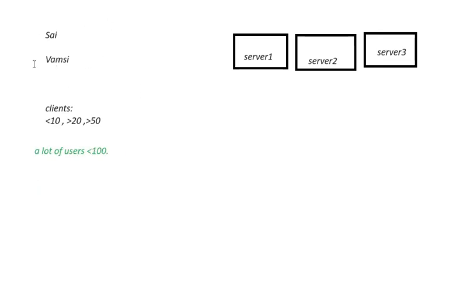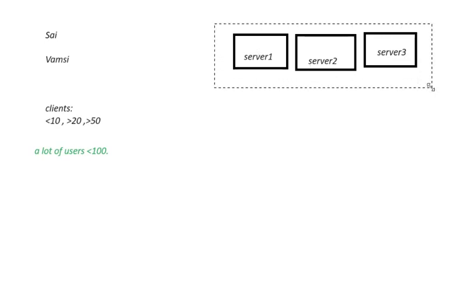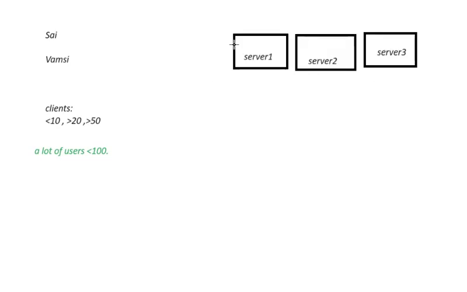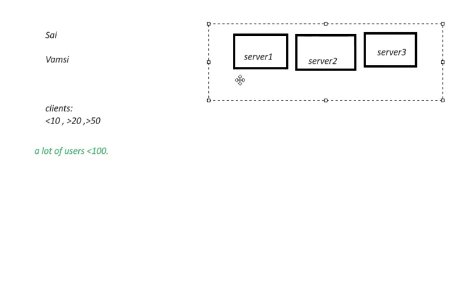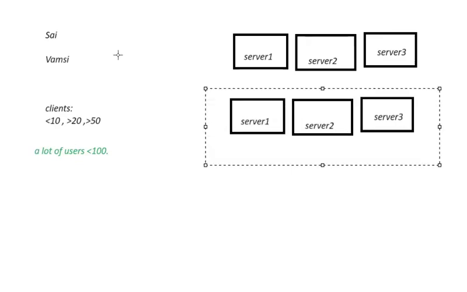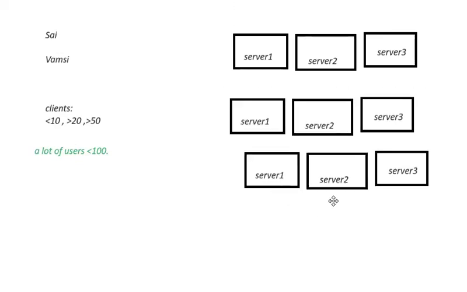Sai provided some money to Vamsi. Then Vamsi installed many more servers, again three more servers.